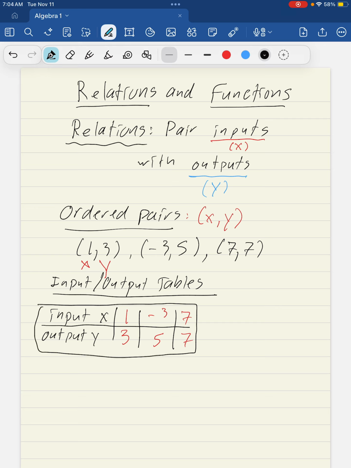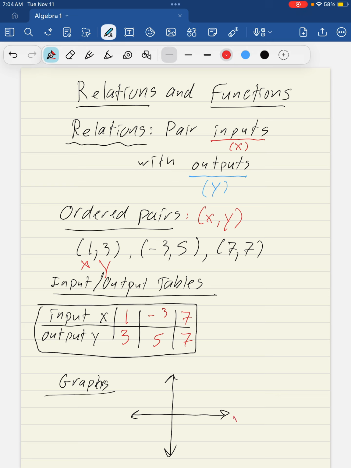The other way I want to talk about today that you're going to see relations is with graphs. Usually these are an XY graph. Maybe you've seen these before, maybe you haven't.